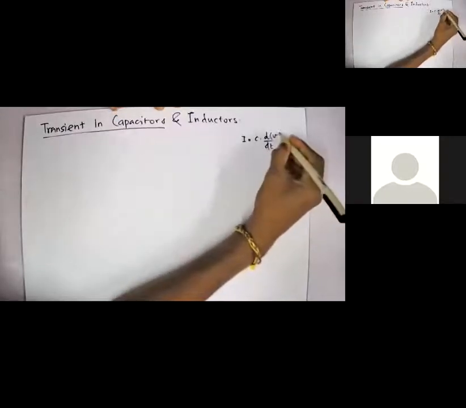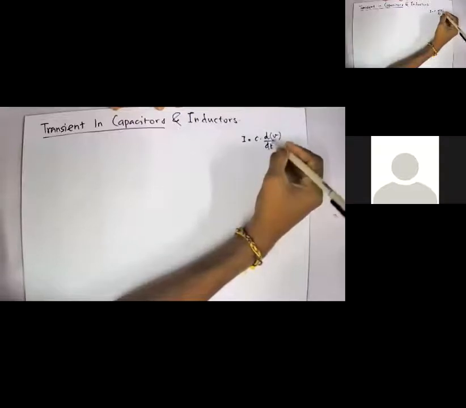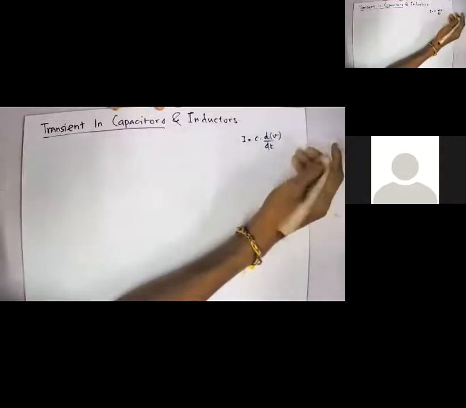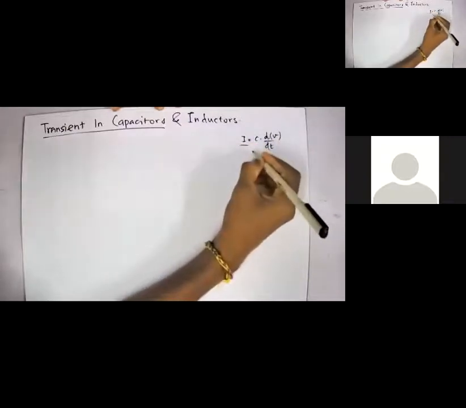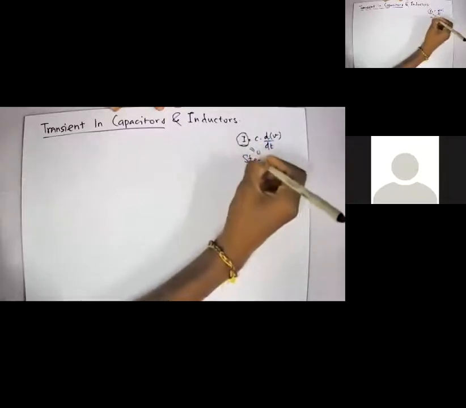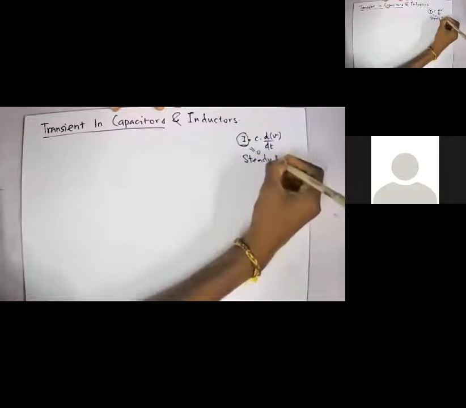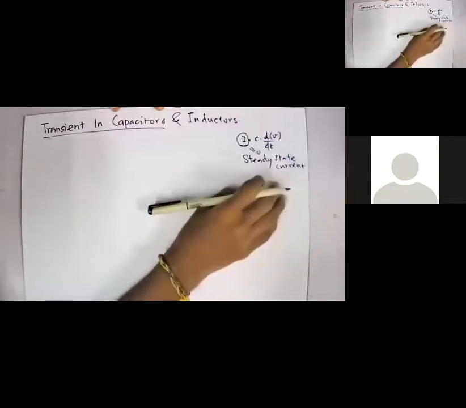When V is constant, or DC, dV/dt will be 0, hence the current will be equal to 0. This current is actually the steady state current.